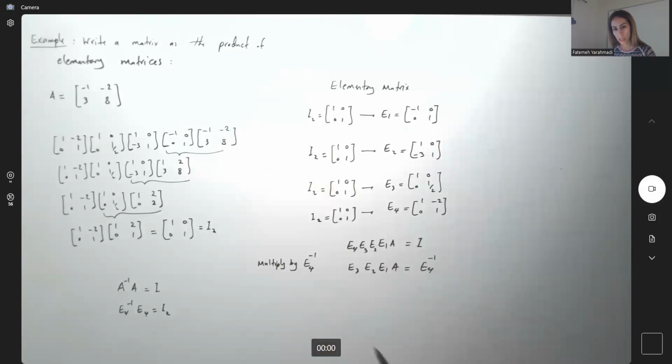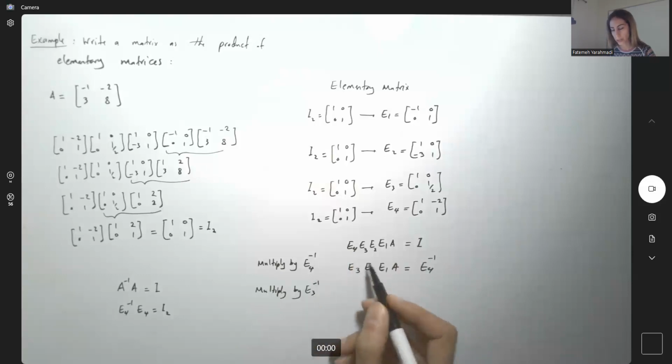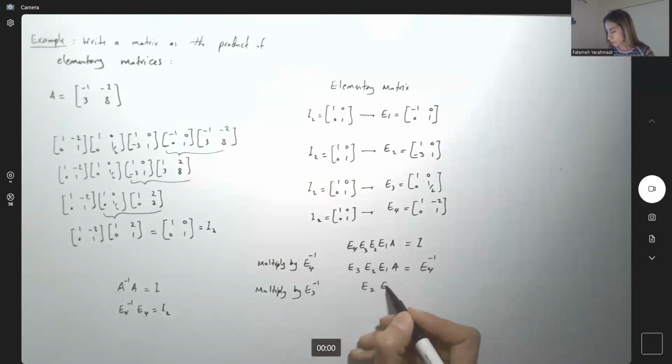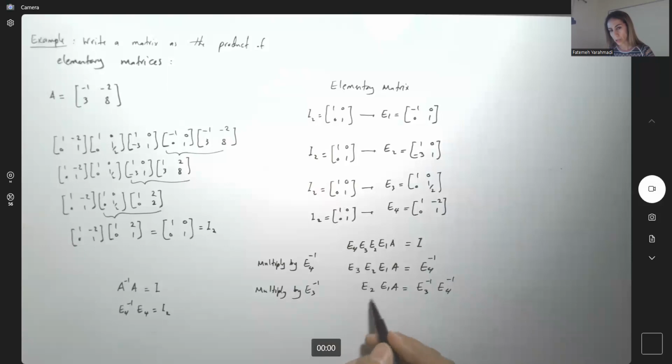Now from left, again, I'm going to multiply by the inverse of E3. So E3 inverse times E3 gives me identity. So I have E2, E1, A, which is equal to, I'm multiplying from left, E3 inverse times E4 inverse. Now I'm going to get rid of E2.